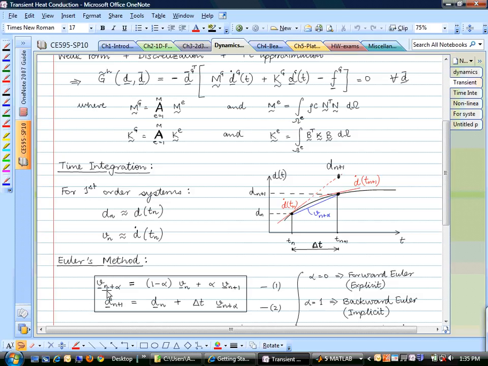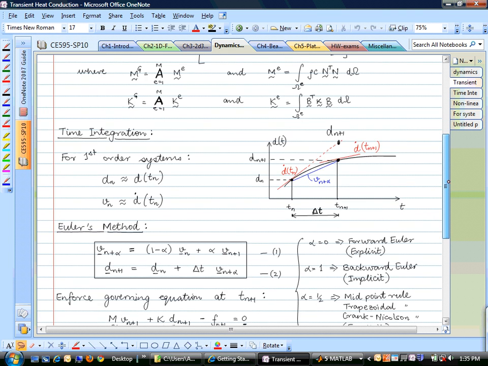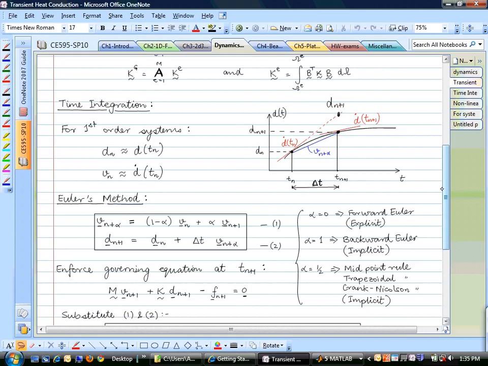And the Euler method basically approximates the derivative from one time step to the other. And we talked about how there are different types of Euler methods. One is a forward Euler, where we choose alpha equal to 0. What that means is that we are assuming that the rate of change of temperature at this point is equal to this line.